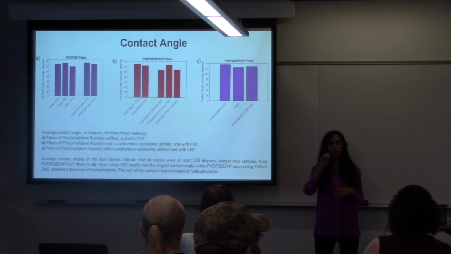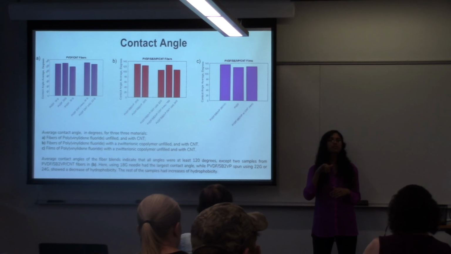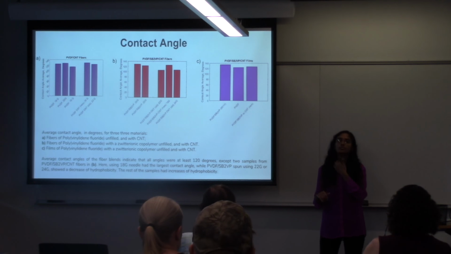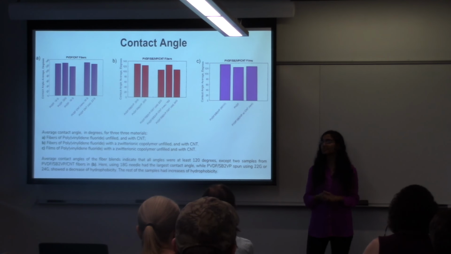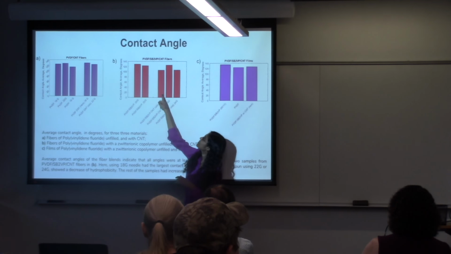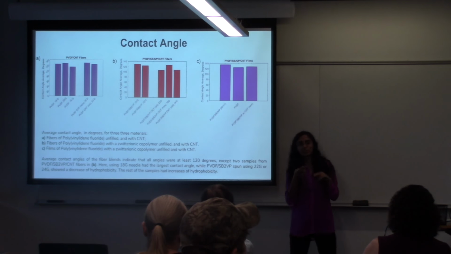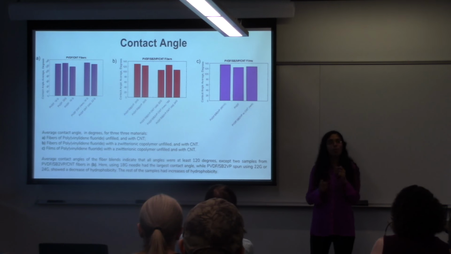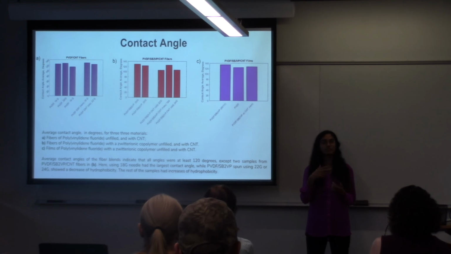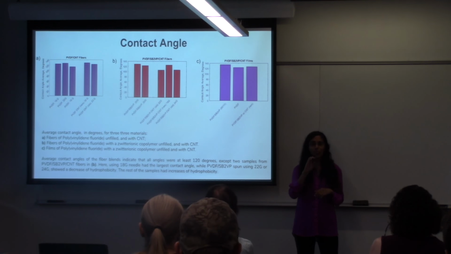Most of our results found that we had a high contact angle, meaning that the membranes are what we call hydrophobic. See, these two here, the degree of hydrophobicity is a little less, but pretty much all of them had good results in terms of the hydrophobicity, meaning they sort of want to keep water away. They don't like water.